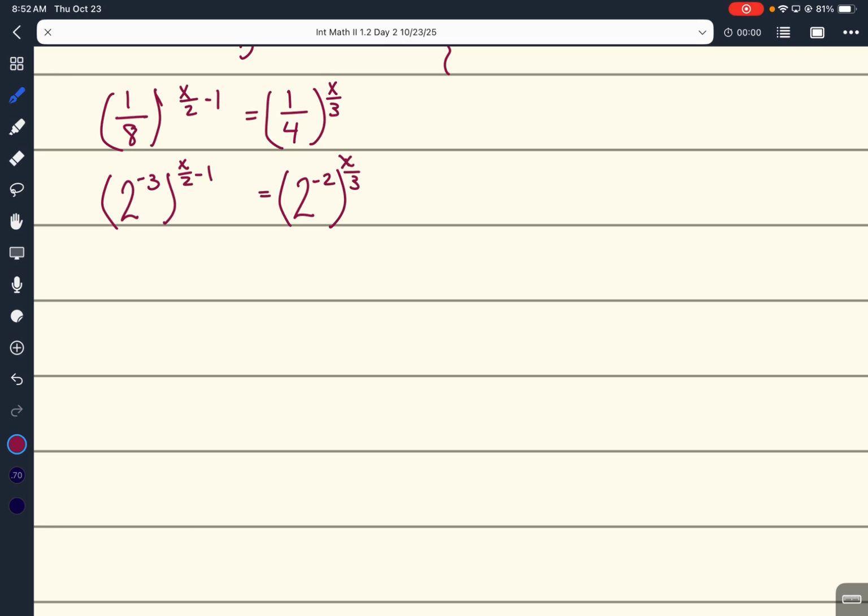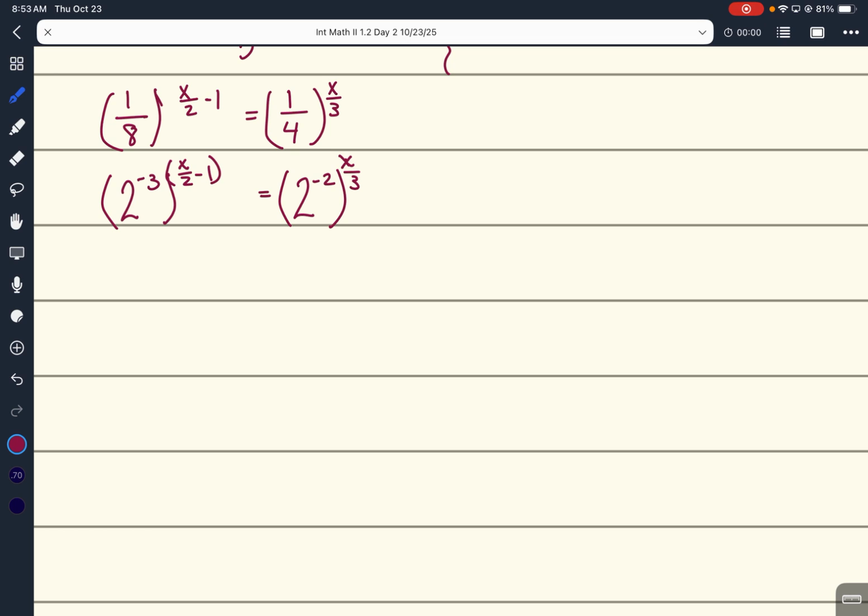Okay, so what do I need to do with my exponents? Because I can't make them equal to each other yet. What do I have to do to them first? I have to combine them, correct? So am I going to add, subtract, or multiply those exponents? It's a power to a power, so I'm going to multiply.